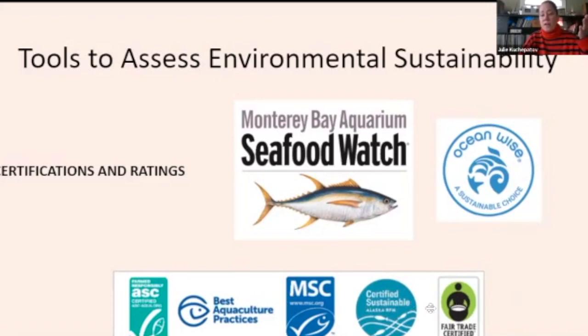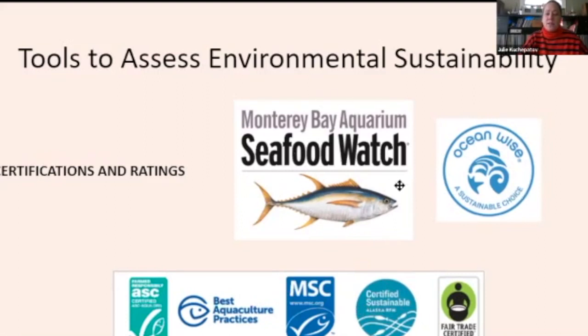If it's a fair trade claim or an MSC claim, which is a robust environmental sustainability assessment and certification. So these are voluntary. So as a fisher, I approach these organizations and say, I want to be certified and be able to put your logo on my pack. And then they work with you to help make that happen.